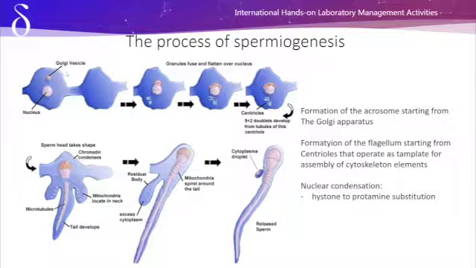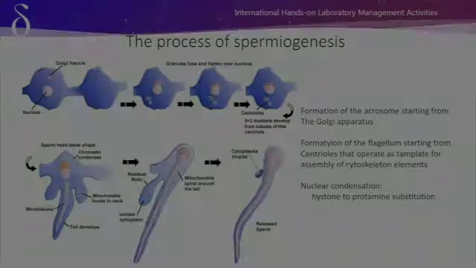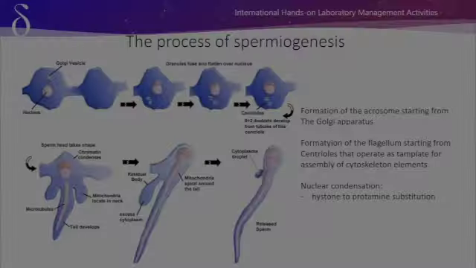The acrosome originates from the Golgi apparatus, the Golgi vesicles that coalesce together to form this structure that is called acrosome, and that stands like a cap over the nucleus in the final sperm cell. The acrosome contains enzymes that are very important to cross the investments that surround the oocyte.